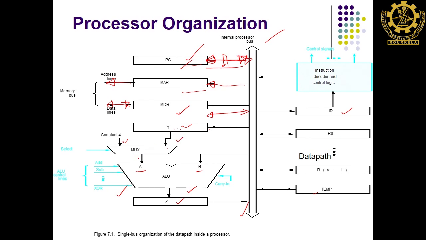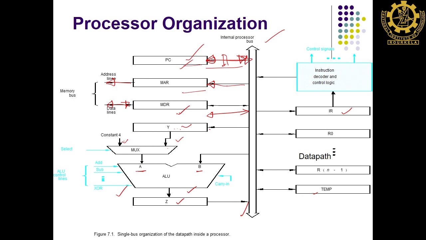Why is it constant 4? Because we assume that the next instruction is there in the next memory location. The word length is actually 4 bytes. If it is 4 bytes, that means if the first instruction is at memory location 1000, then 1000, 1001, 1002, 1003 are used, so 4 bytes, and the next is 1004.